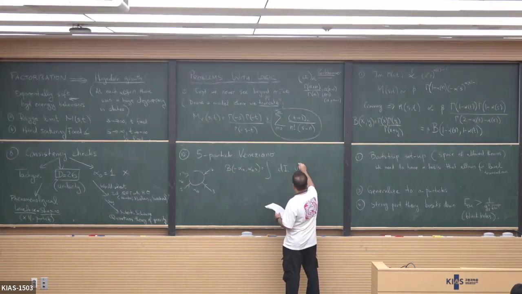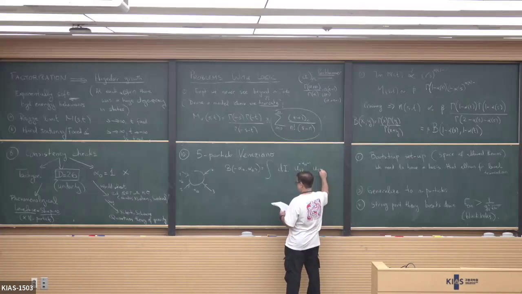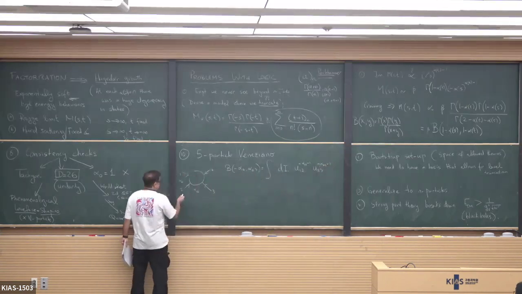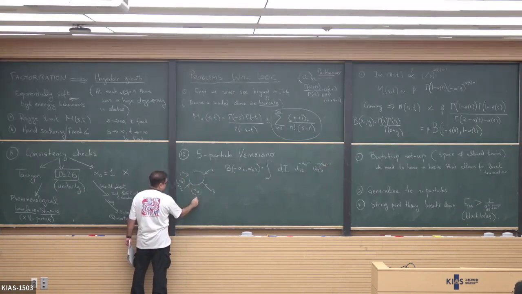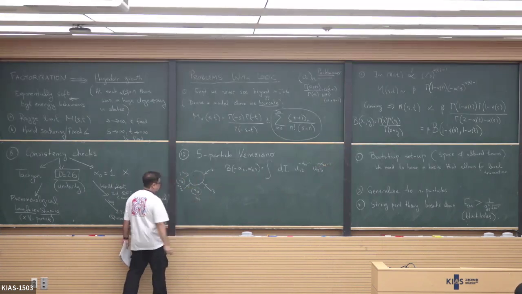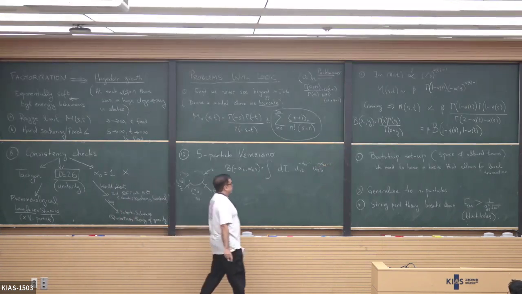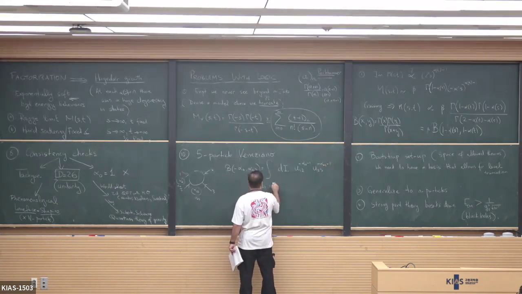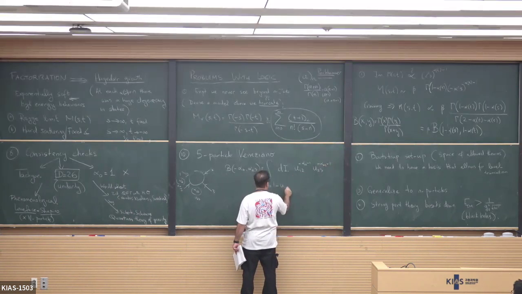Again, I'm introducing variables that will enable me to easily generalize to the 5-particle case, U12, U23. So basically, with each alpha 1, 2, I'm going to associate a U12, an auxiliary variable, and with this one, I'm going to associate U23, subject to the condition that U23 is equal to 1 minus U12.